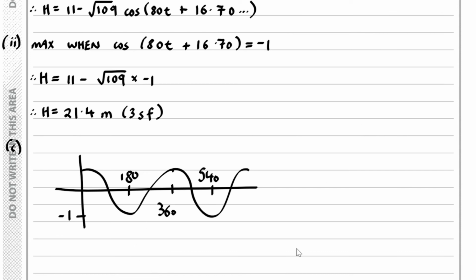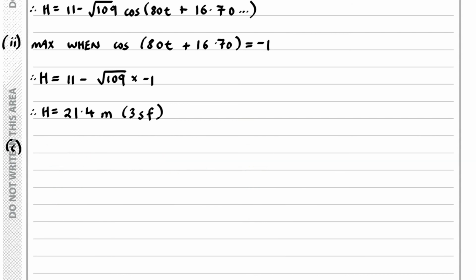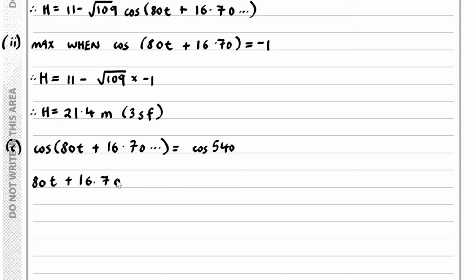So what we're going to do is set the cosine of 80t plus 16.70 equal to the cosine of 540. And this is where the next maximum occurs. So I've got 80t plus 16.70, etc. equals 540.